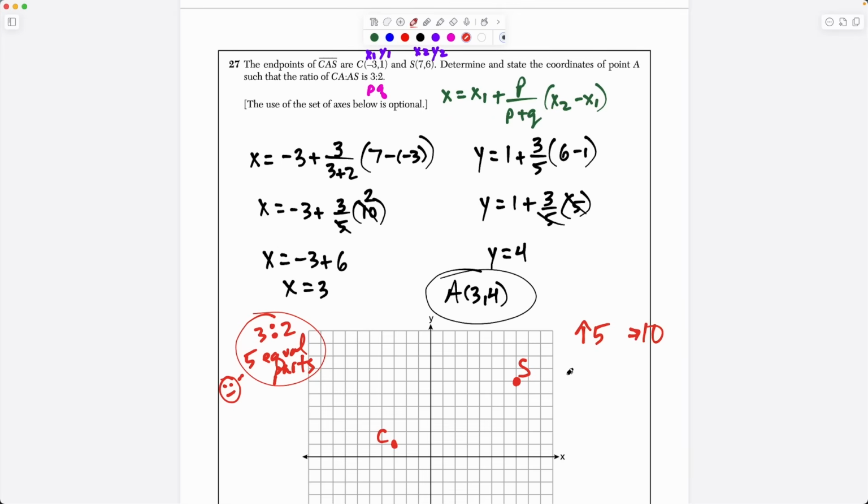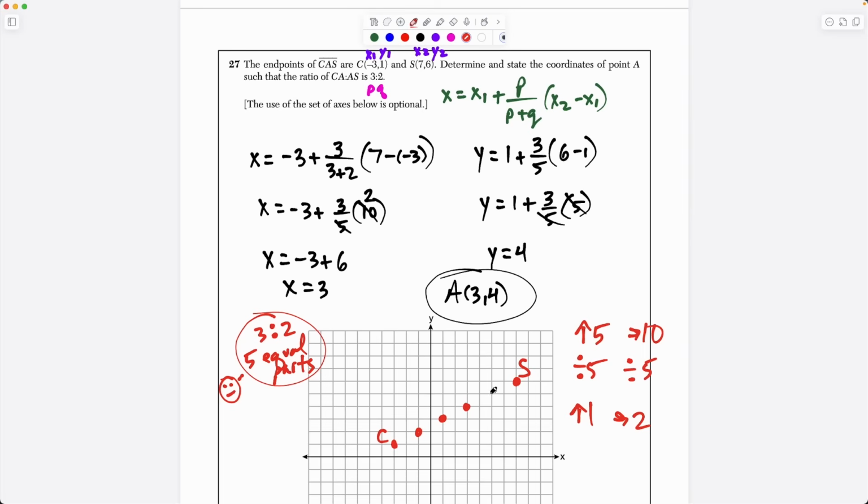Okay, so we're going up 5 and then over 10. But if we have 5 equal parts, I'm going to divide this by 5. So instead of going up 5, I'm going to go up 5 divided by 5 is 1, and over 10 divided by 5 is 2. And watch what happens. I go up 1 over 2, up 1 over 2, and now I'll actually mark the points.